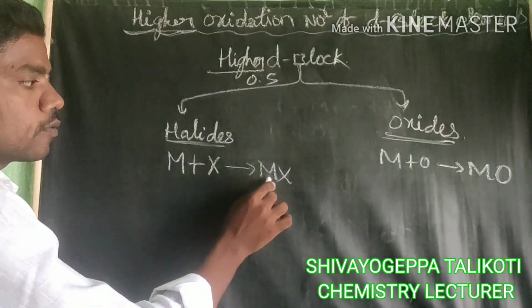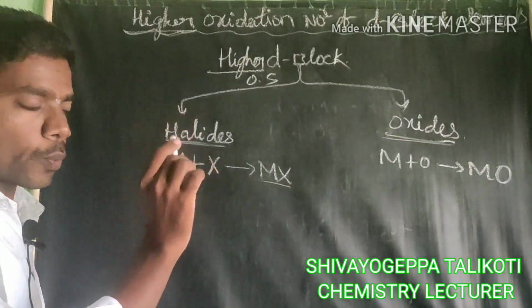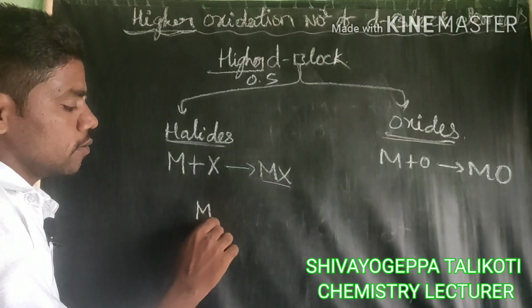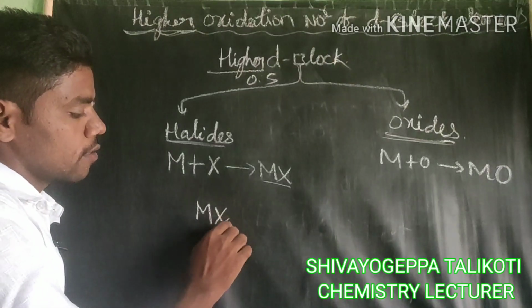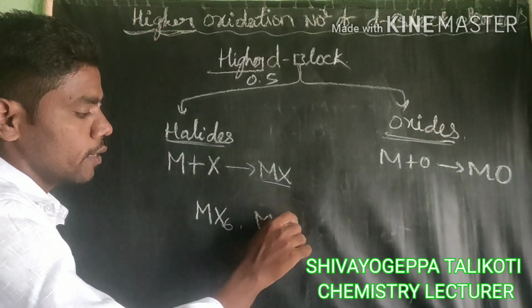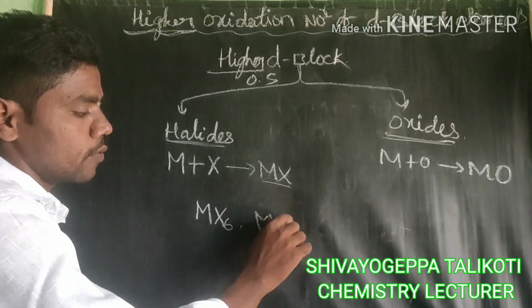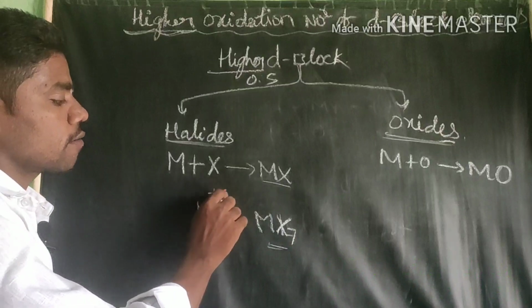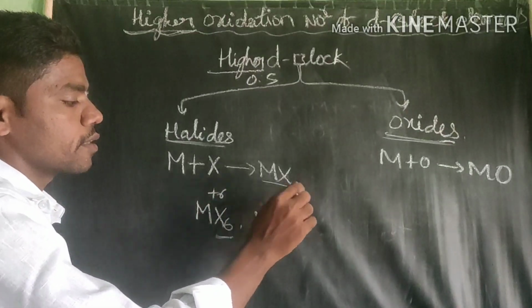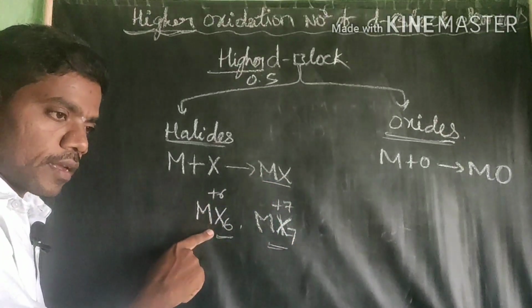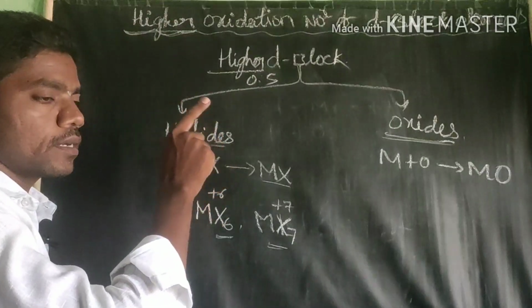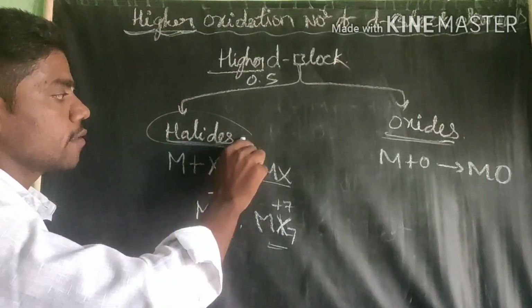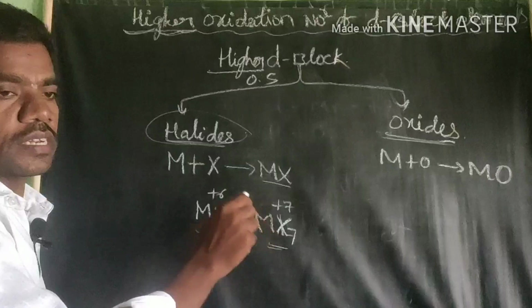For example, the metal with this is monovalent. Next, take MX6, MX7. These elements exist in +6 oxidation number, and this is +7 oxidation number. Here one thing is confirmed: D block elements exist in the form of halides in the higher oxidation state.